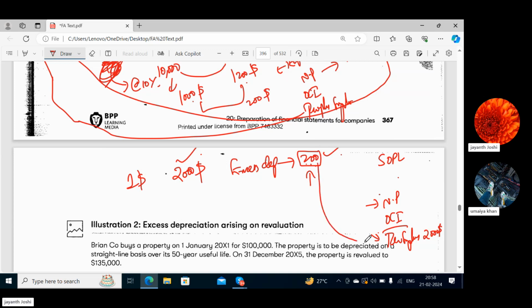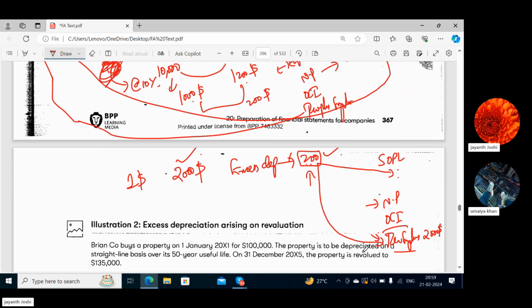That income is shown in OCI. Revaluation surplus is an income, right? Excess depreciation is shown in SOPL. I am not saying it is not shown in SOPL, but there should be some income to match this expense, right? That income, which we need to match with this expense, is shown in OCI in the form of revaluation surplus. Why did this excess depreciation get created?